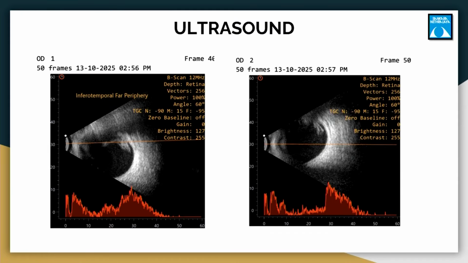So whether it originated from the retina or it's stuck to the surface, if you're looking at far periphery, there is only one way to find it out, and that is UBM. UBM only will give you that magnification and high resolution to tell you that yes, this is not just stuck on the surface, it originates from the retina. Yes, ma'am.